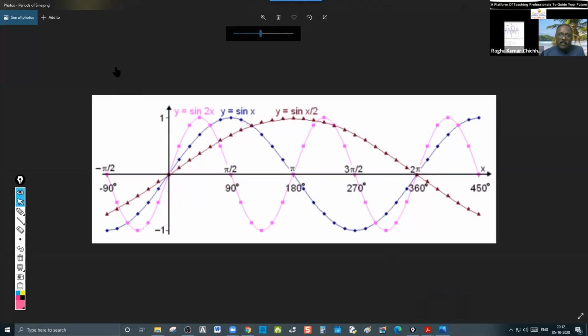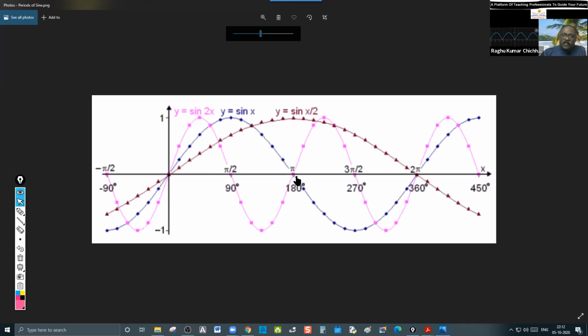That's okay. And if you take the first primary curve, that is the period, for sine x it is 0 to 2 pi, it is taking the first shape. But sine 2x, just observe, it is taking the primary shape between 0 and pi only.